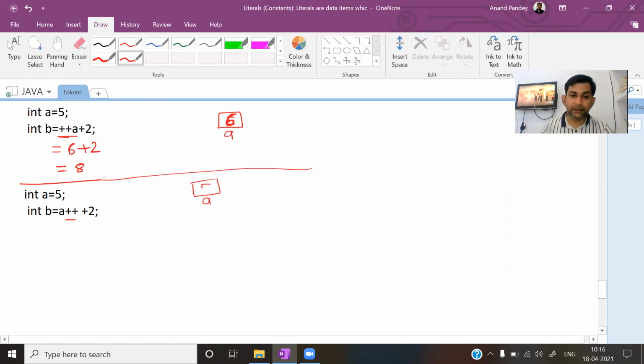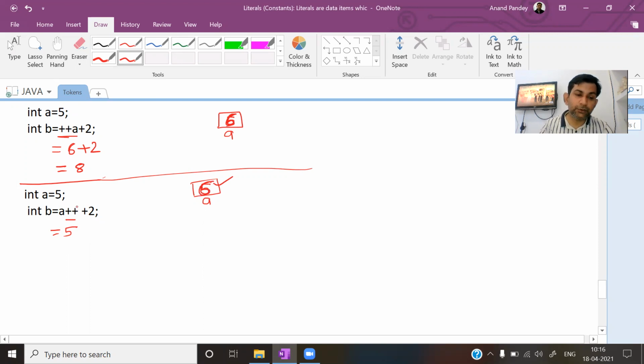I have taken same 5, and here we have postfix operator. So the value of a will not increase first, it will be increased afterwards. First, the current value of a, which is 5, will be put in the expression. And just after putting the current value of a, the value of a will be increased by 1.